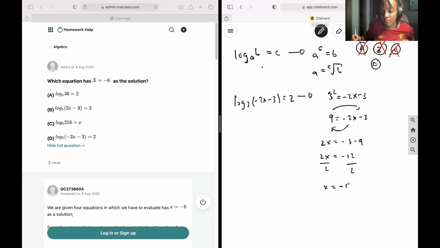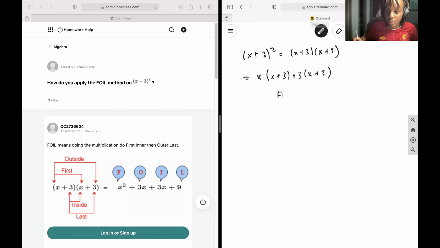So it'd be x multiplied by x plus 3 plus 3 multiplied by x plus 3. Now using FOIL, the quick way to remember it, we would express that as x plus 3, x plus 3.